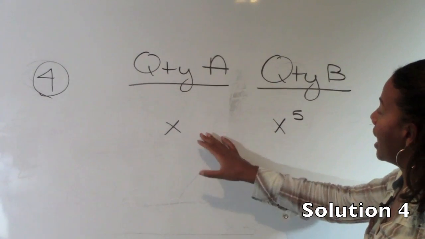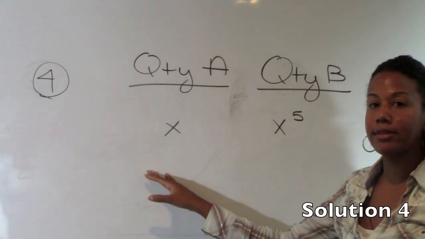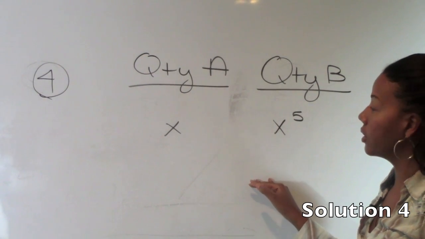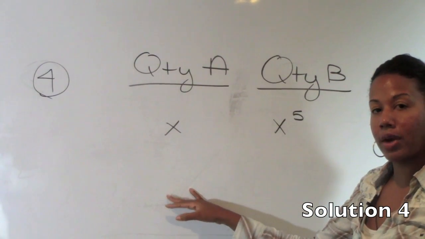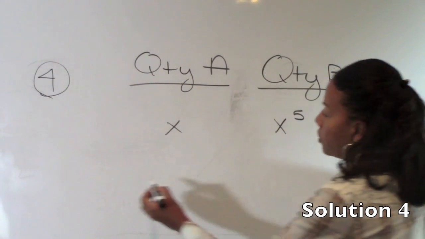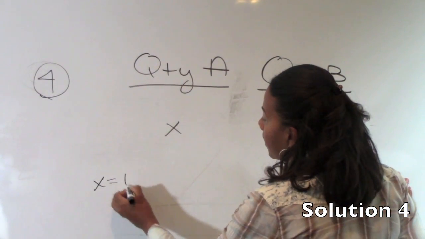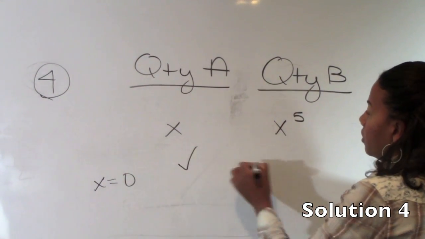Okay, so quantity A equals x and quantity B is x to the 5th. Note that we have no information about our variable here. We don't know if x is positive, negative, or 0. So right away we're probably thinking that the answer is going to be D, but let's test a few numbers. So if x is 0, both of our columns have a value of 0.